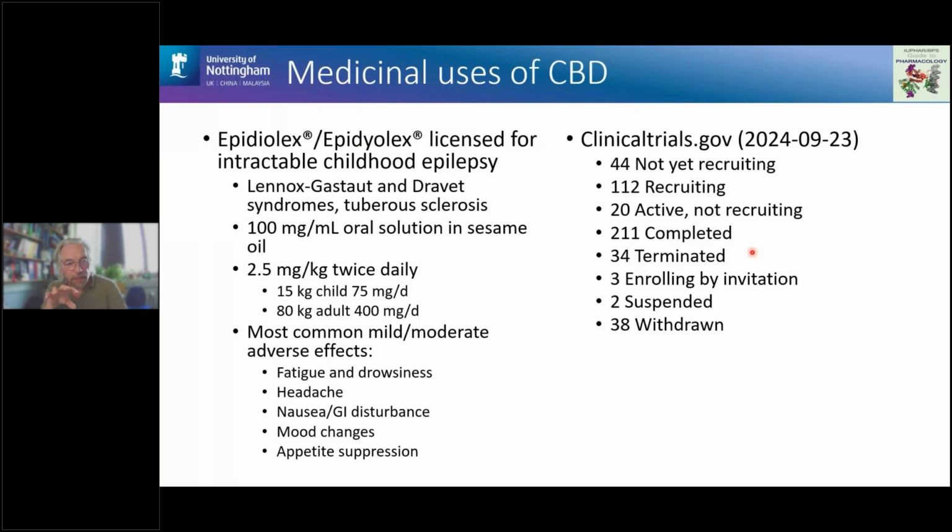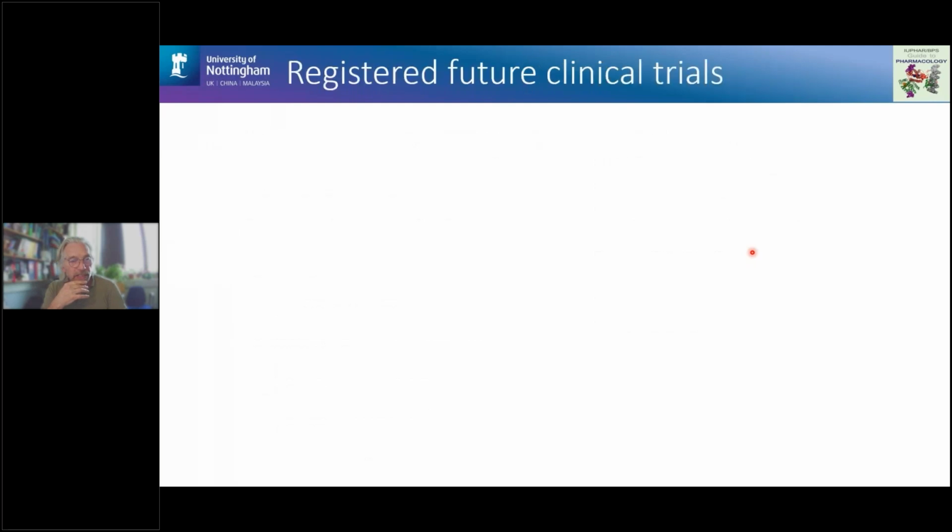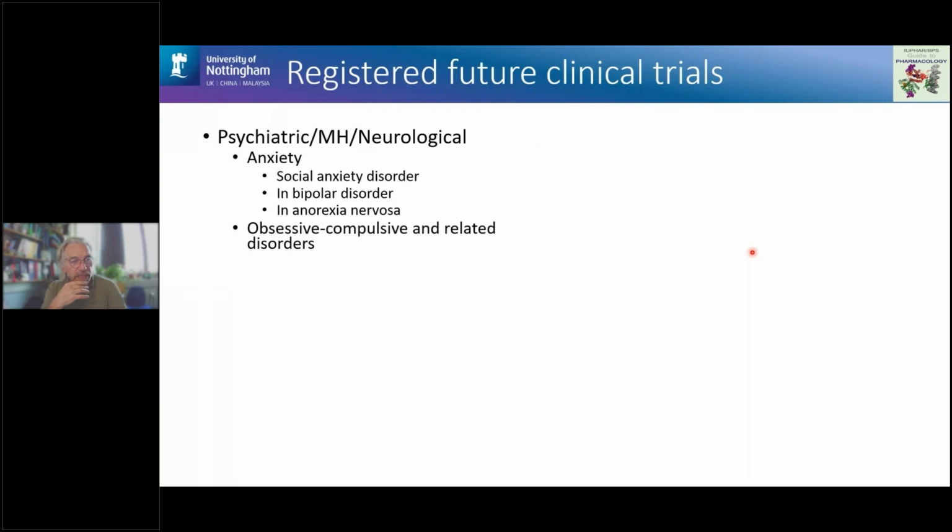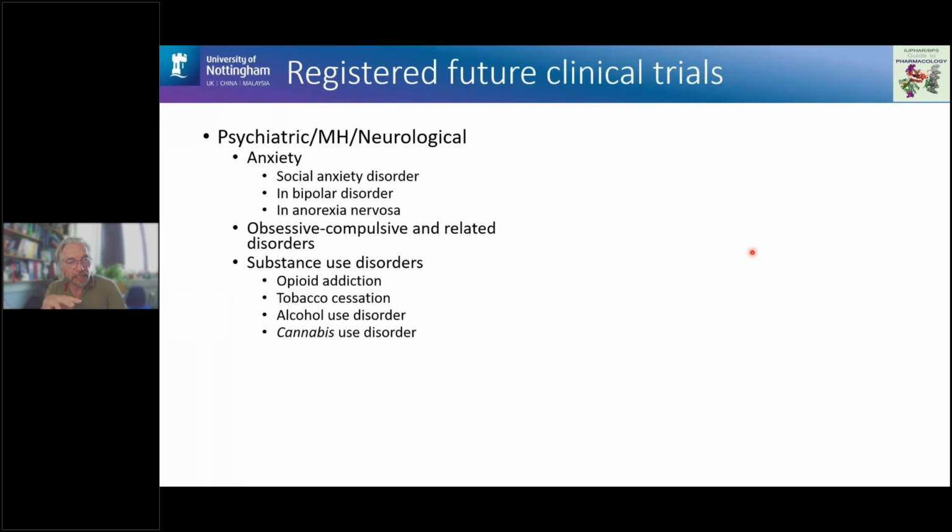If you look at what's in the pipeline, there are a huge number of clinical trials registered for the use of CBD. And the sort of things that are being looked at are psychiatric effects. And although we commonly use the description that CBD is not psychoactive, it's probably a little bit of a misunderstanding. It's not psychotropic in the way that THC is, but it can have activity on psychological effects.